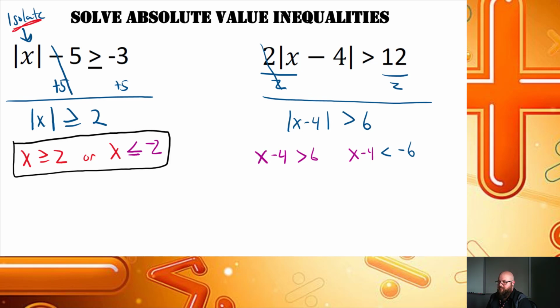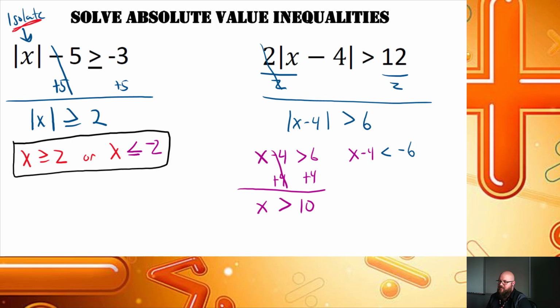So now we will add 4 to both sides on this first one. X minus 4 is greater than 6. We'll add 4 to both sides to get rid of that minus 4. Left with x, the minus 4 goes away. We're left with greater than, and 6 plus 4 is 10.